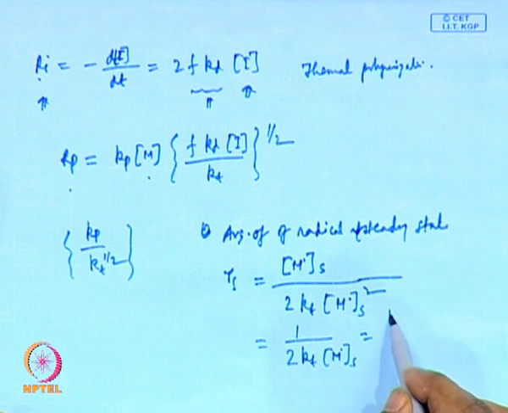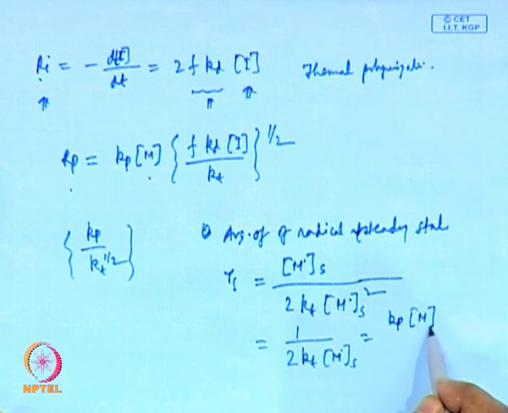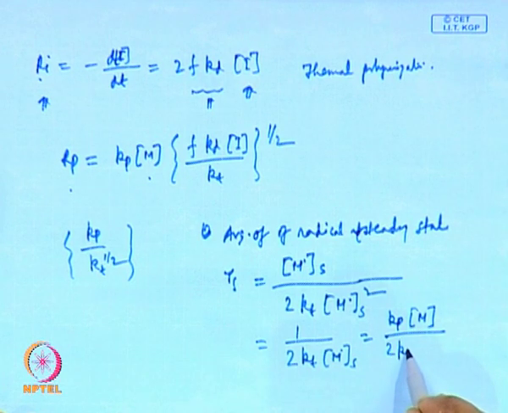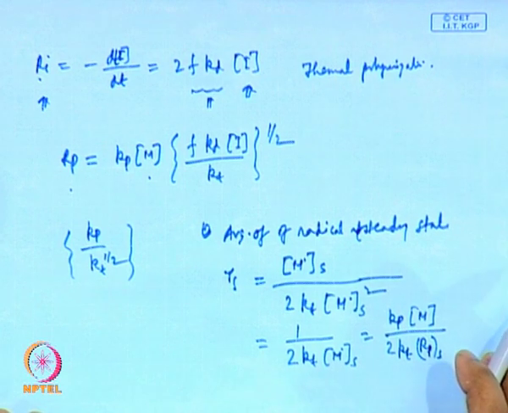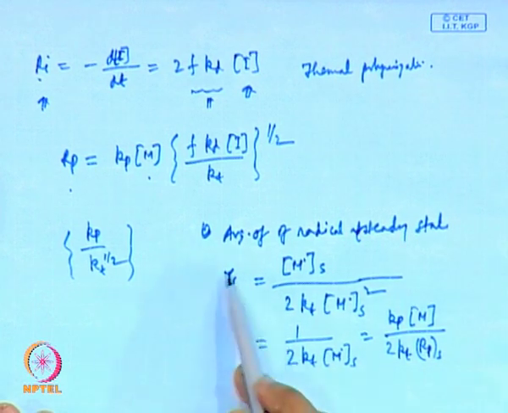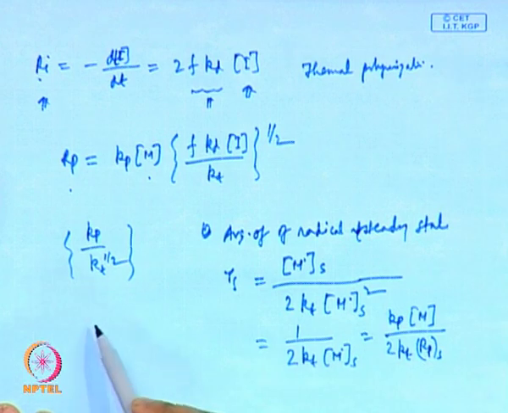So, we get Kp M by 2 Kt Rp at steady state. So, if you know tau s, we know Kp by Rp.